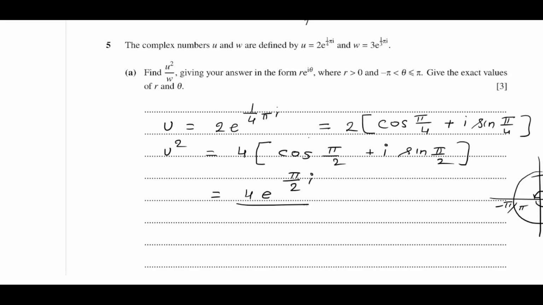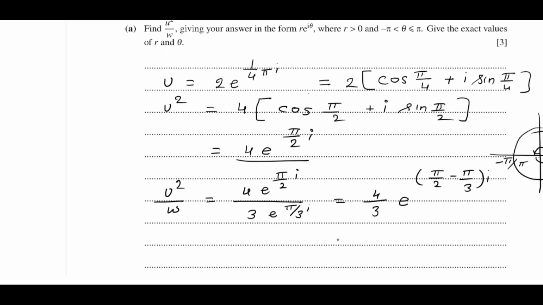I have to subtract, so simply u squared divided by w is equal to 4e^(πi/2) divided by 3e^(πi/3). So it will become 4/3 e^((π/2 − π/3)i).